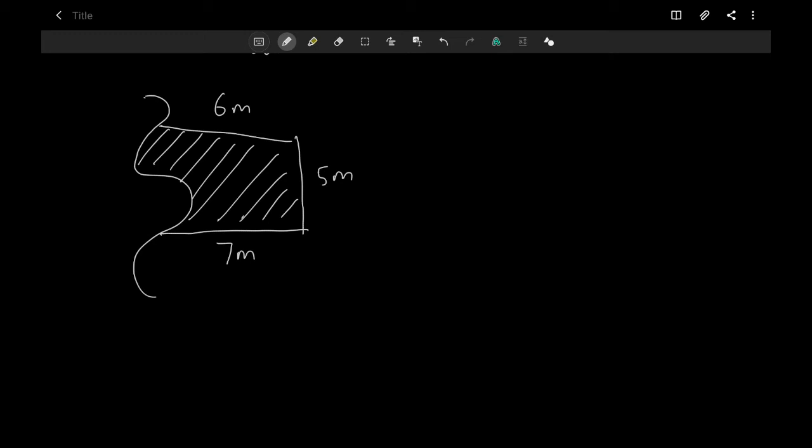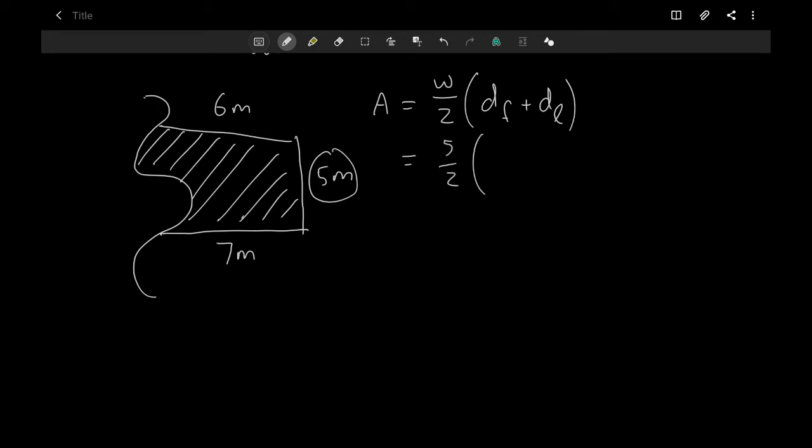Again, we go back to the formula. Now, I always like to write the formula out first. So A is equal to W over 2, dF plus dL, close the bracket. We know W is 5, so it's 5 over 2, bracket. We know that dF is 6.